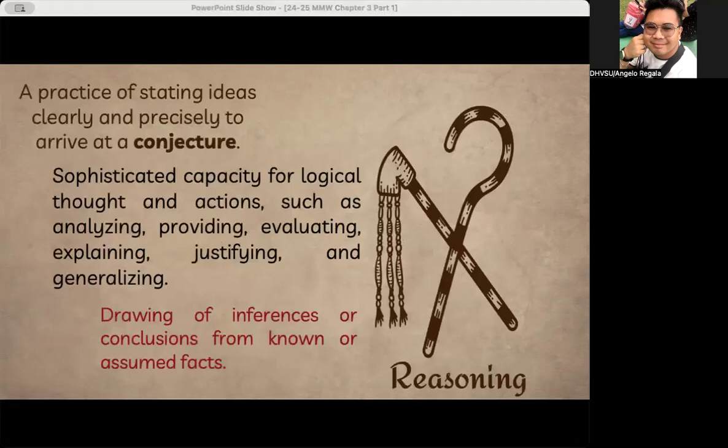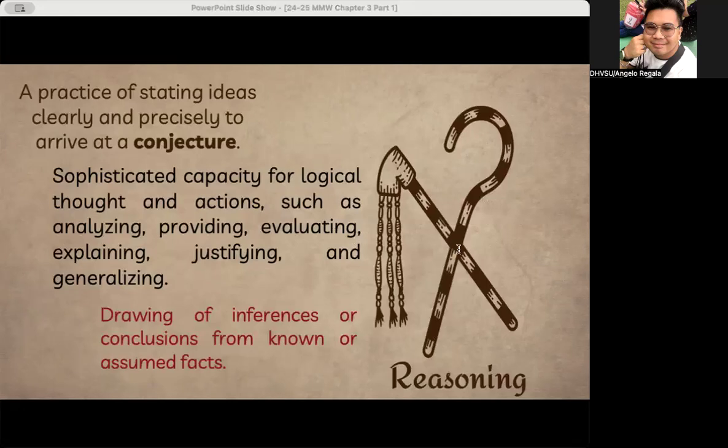So when we talk about reasoning, it's a practice or a process of stating ideas clearly and precisely to arrive at a conclusion or a conjecture. Pag sinabi natin conjecture, this can be true or false based on the result or based on the information that we have.